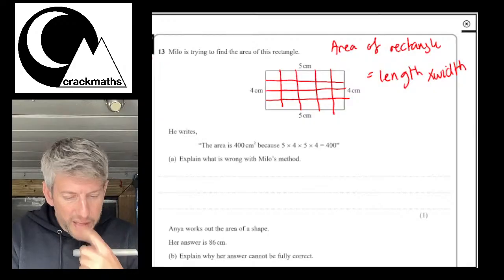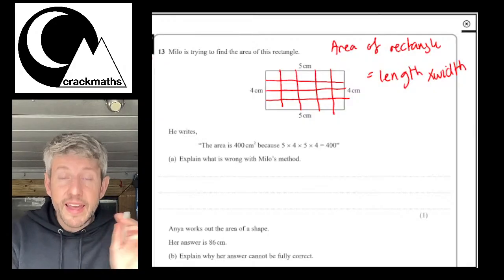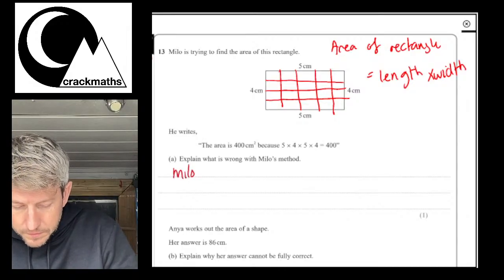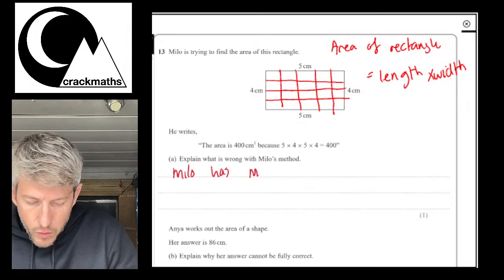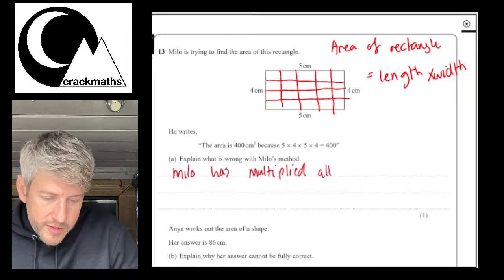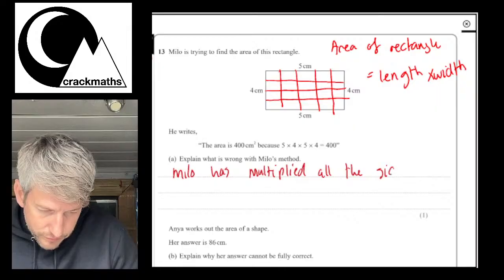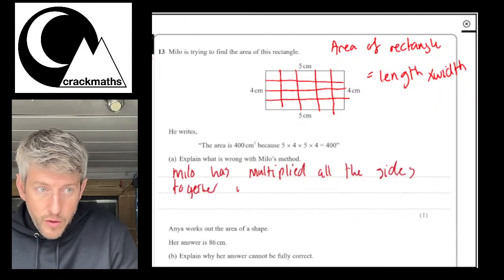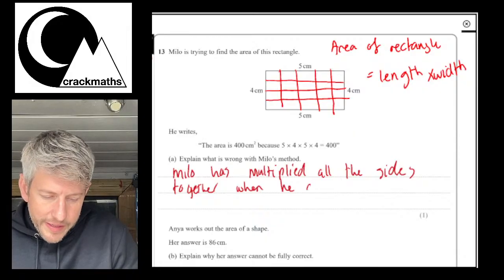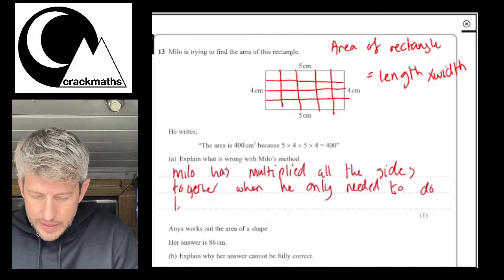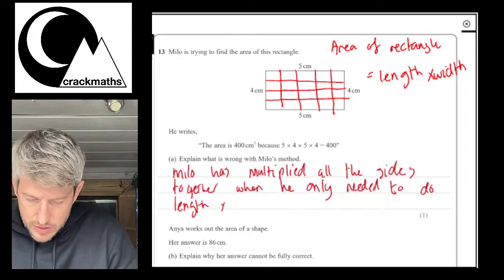Okay, what Milo has done wrong is he has just multiplied everything together. So Milo has multiplied all the sides together when he only needed to do length times width.